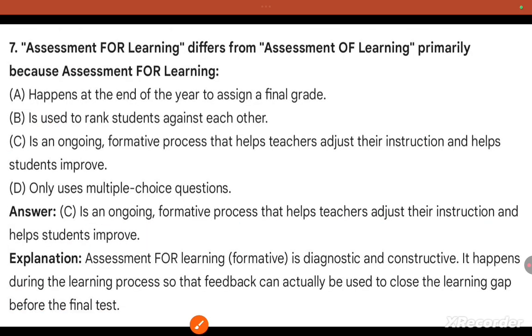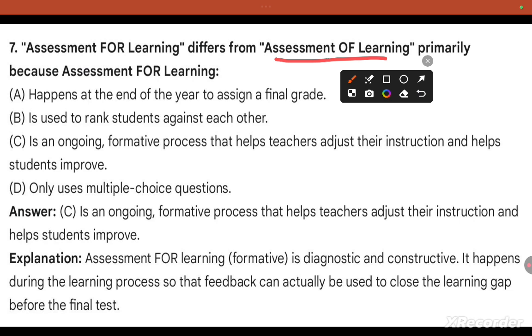Seventh one, assessment for learning differs from assessment of learning primarily because... there are two types of assessment. We have summative and formative. One is known as assessment for learning, one is assessment of learning. What are the differences?